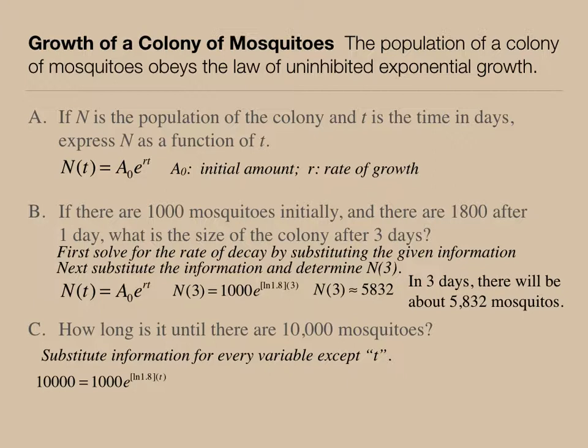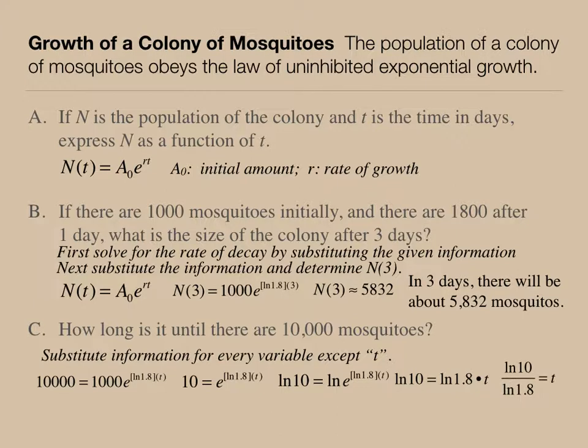t is the only variable that I'm leaving not substituted for, because that's what I'm solving for. We can simplify this equation by dividing both sides by 1,000. We can take the natural log of both sides. My right-hand side becomes natural log of 1.8 times t. My left-hand side remains natural log of 10. To solve for t, I can divide both sides by natural log of 1.8.